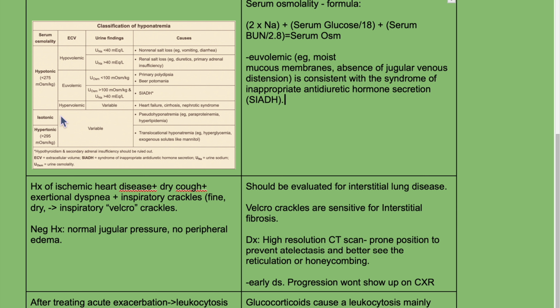What causes it? The isotonic is caused by pseudohyponatremia, for example paraproteinemia or hyperlipidemia. If it's hypertonic, it could be because of translocational hyponatremia, for example hyperglycemia, or exogenous solutes like mannitol.